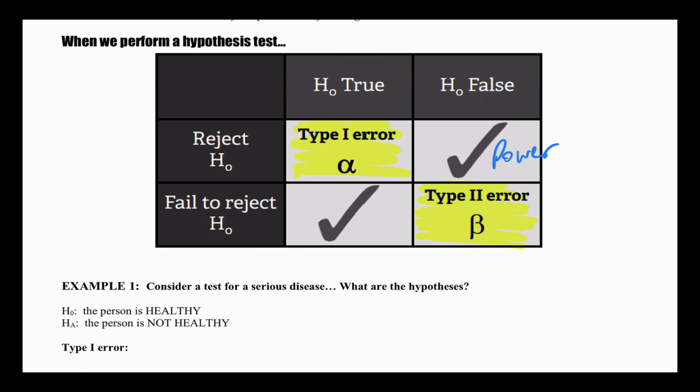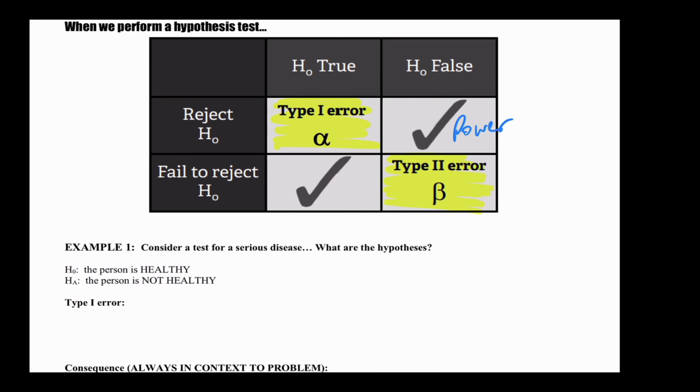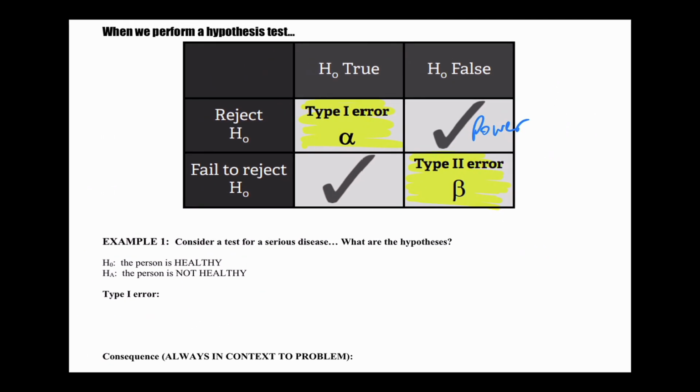What does a type 1 error look like in this case? What is a type 1 error? Based on the null being healthy, I'm healthy. Alternative, I'm not healthy. What would a type 1 error look like? So when you're writing these out, put them in context.